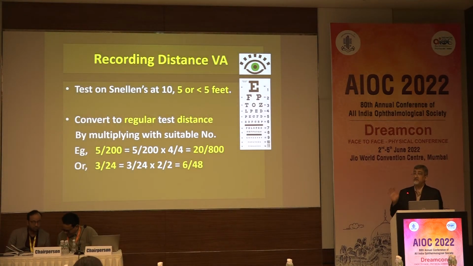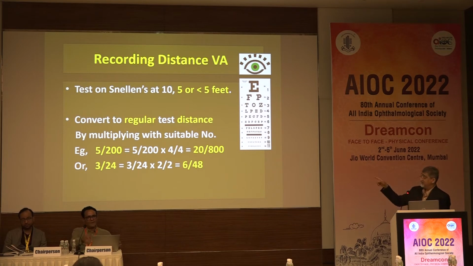So let us stick to the Snellen vision chart, and we record the distance vision on a regular Snellen chart by keeping the patient at very close distance, say 5 feet or less than 5 feet or even 10 feet away from the Snellen chart. Once you record that vision, you have to convert it into regular test distance by multiplying the numerator and denominator by a suitable number.